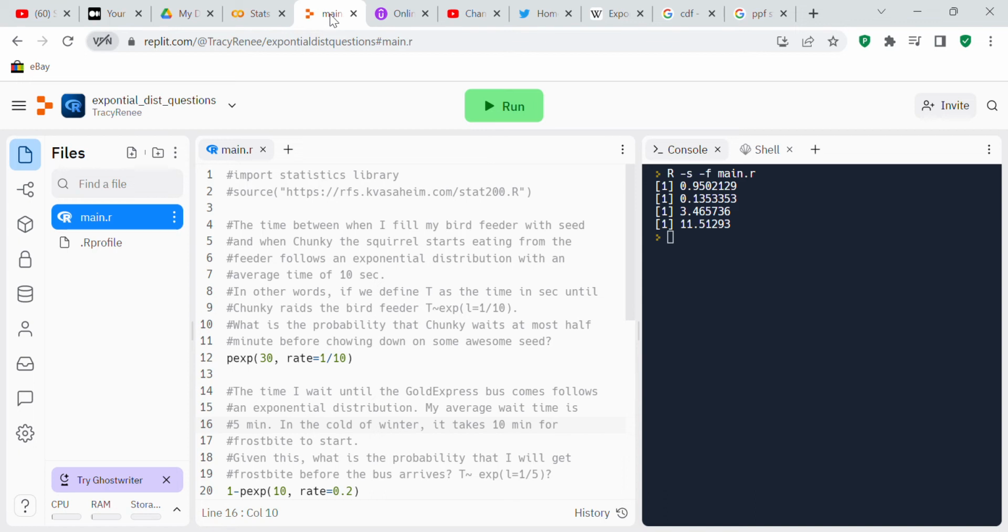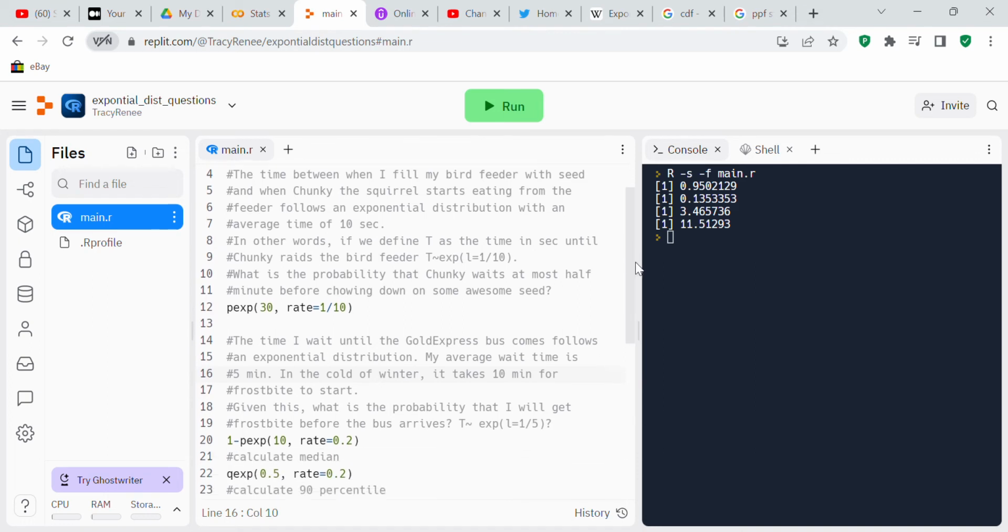The answer is pexp of 30, because that's 30 seconds, and rate is 1/10. The answer is 0.95. That's the probability that he waits at most half a minute.